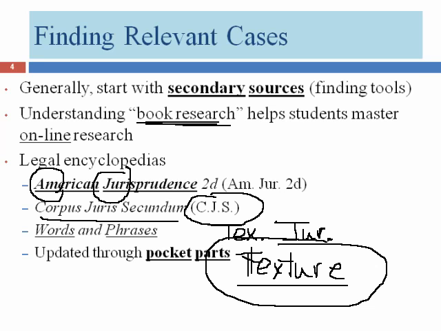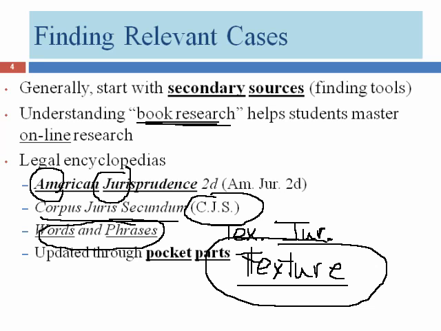Words and phrases, it's even less likely that your law firm will have this. If you were to go to the SMU Law Library, you'll find this. Words and phrases, to me, sounds like it should be a dictionary, but it's not. What words and phrases has are phrases, or sometimes just single words, from opinions. So let's say you want to see how the phrase res judicata has been used in cases.